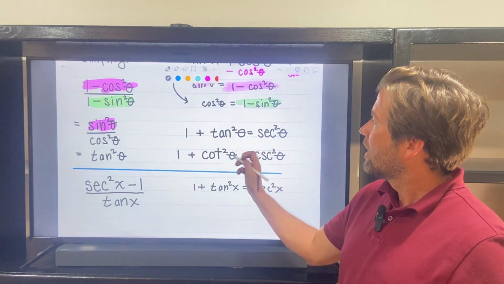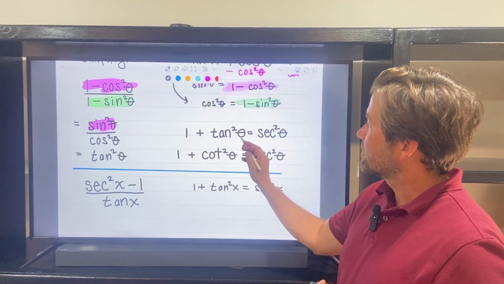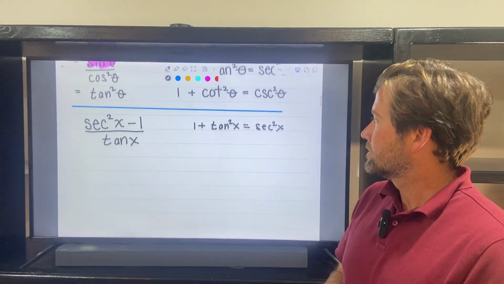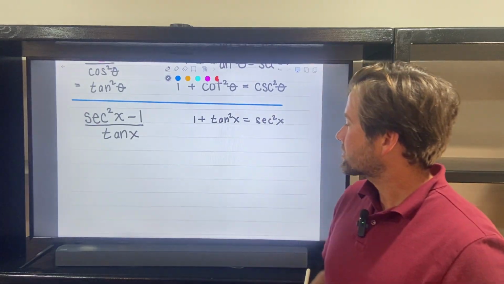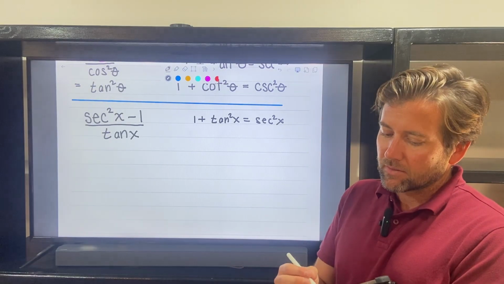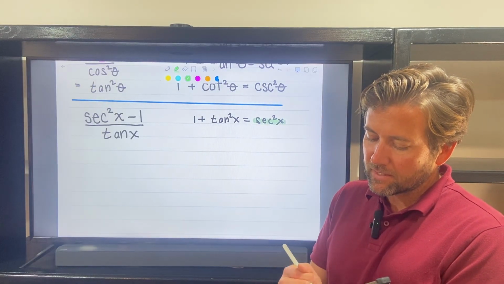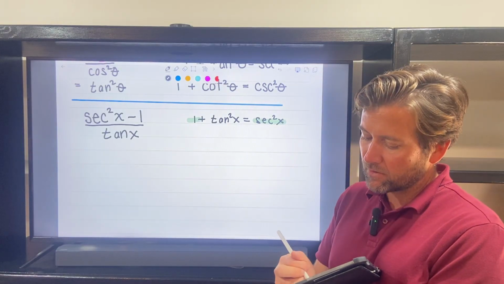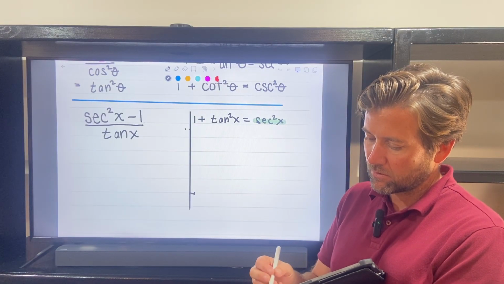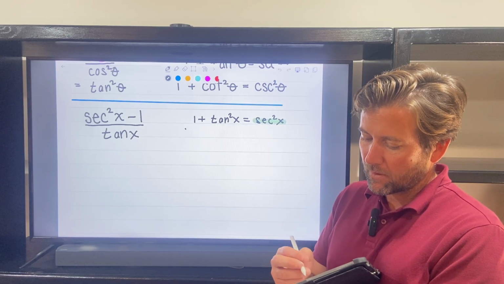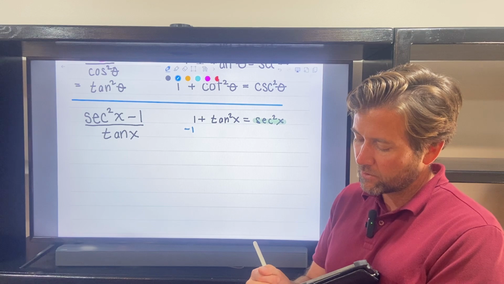This equation right here, I have theta in this equation. Theta represents an angle. X represents an angle in this instance here. Now, see how I have secant squared x minus 1? If I can get secant squared x minus 1 by subtracting 1 from both sides of the equation, I'm going to subtract 1 from both sides of the equation.